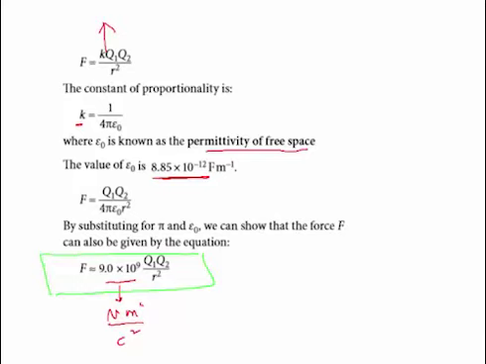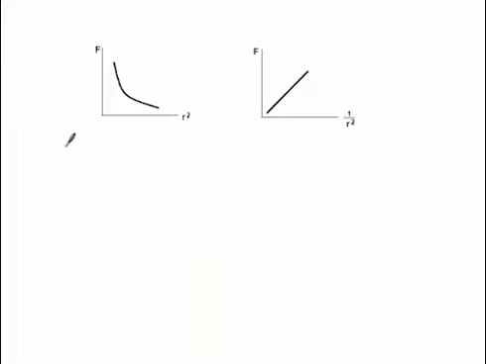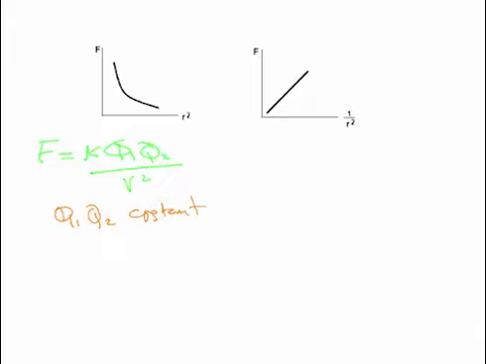Okay, now let's go furthermore with this formula. For F equal to K Q1 Q2 over r square, suppose our Q1 times Q2 is constant, it means we are having the same charges, and so we have two charges, Q1 and Q2, with a distance of r.